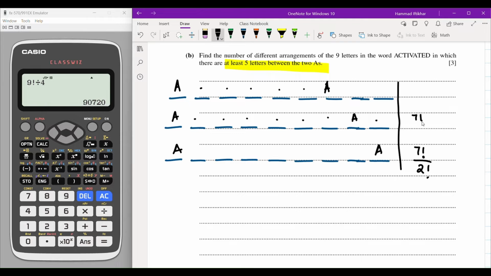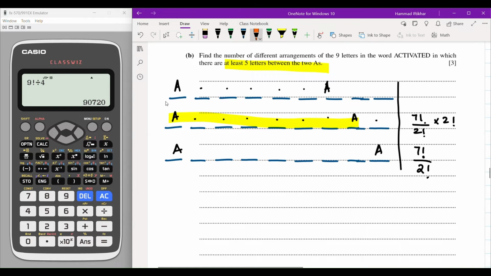So 7 factorial divided by 2 factorial, times 2 factorial because we have 2 units. This whole A block is 1 unit.